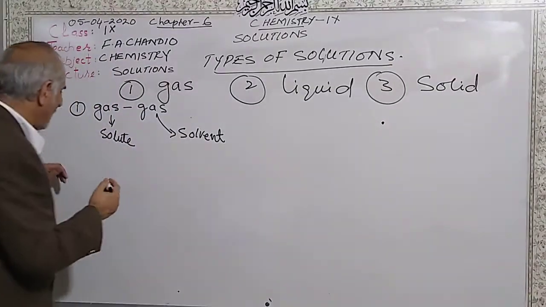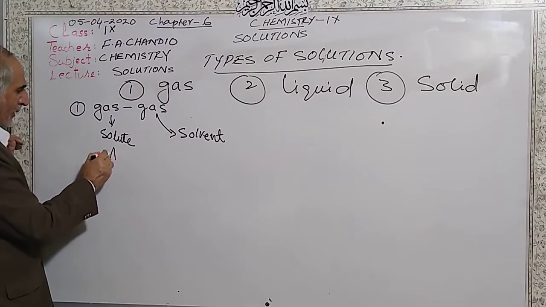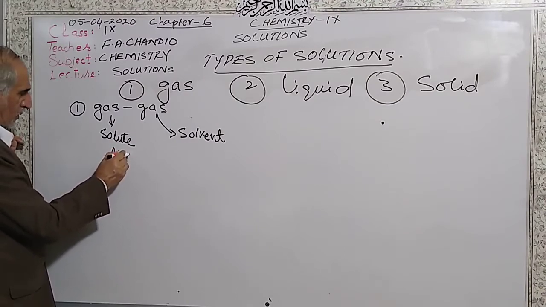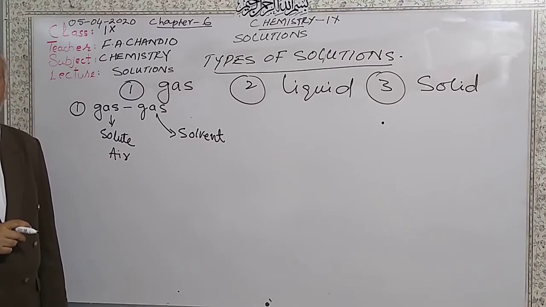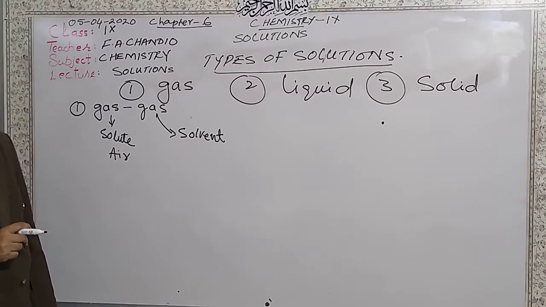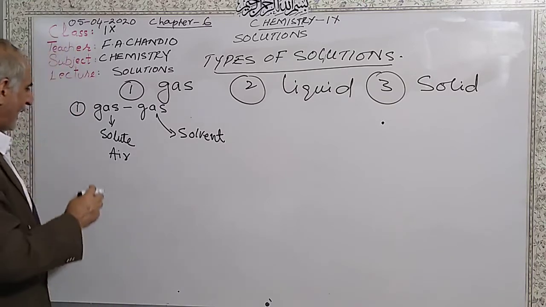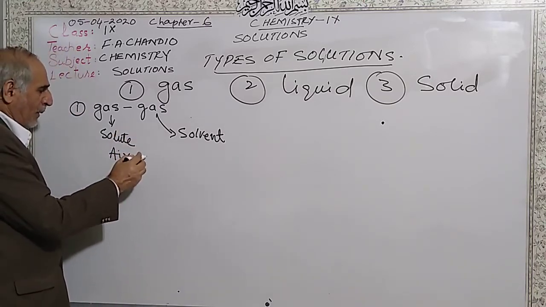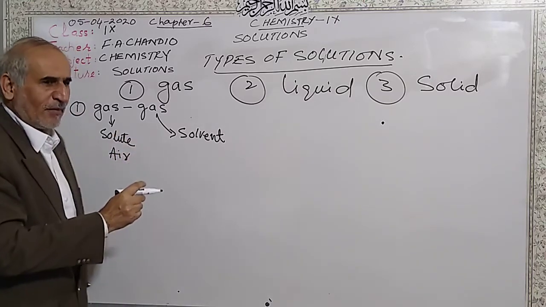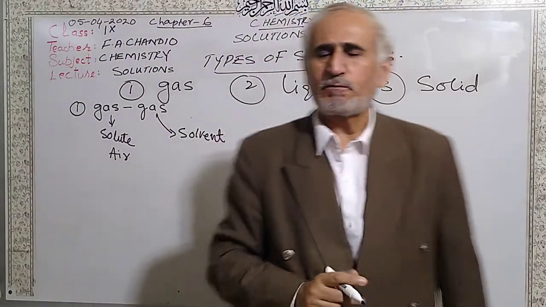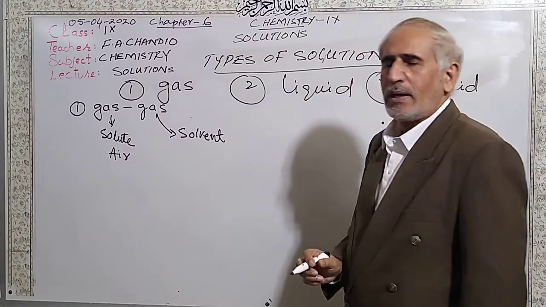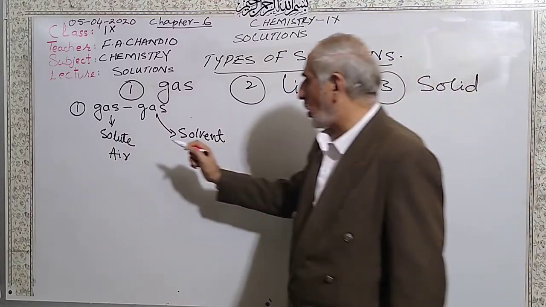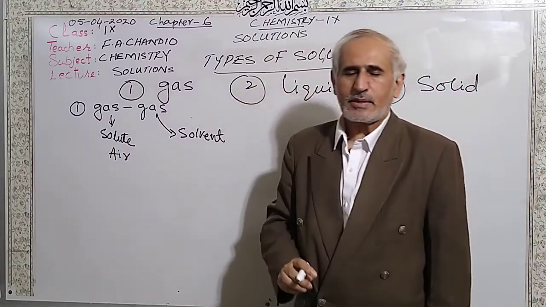So examples, the best example is air. Air is a mixture or solution of different gases. So you know that in air, about 78% is nitrogen, which is a solvent, and 21% oxygen is a solute.